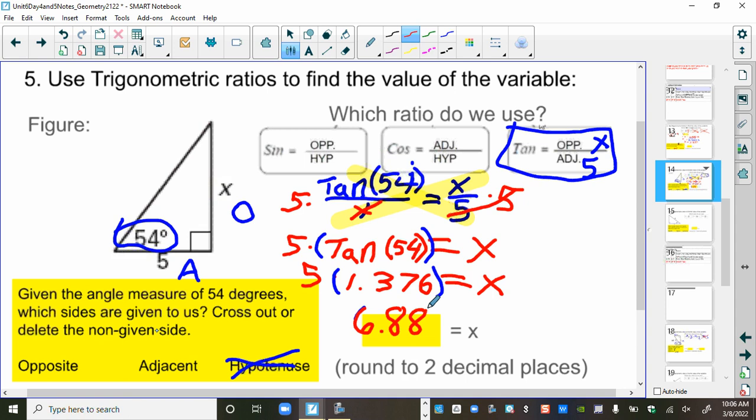Let me see if there's any here. Hold on. Let me see if I have any in here. Like this, I got an idea.